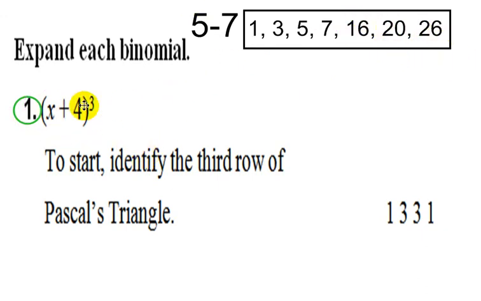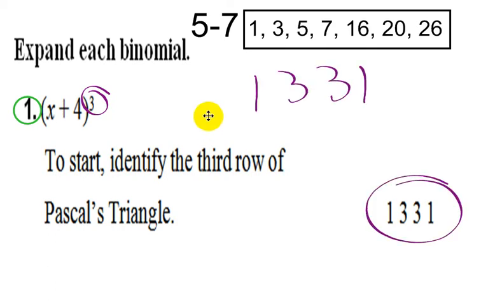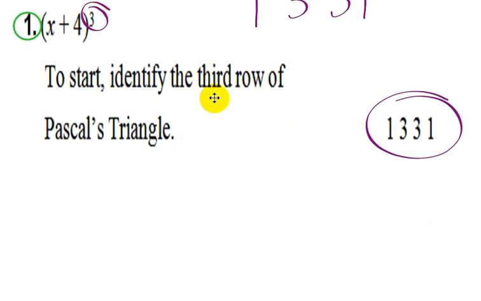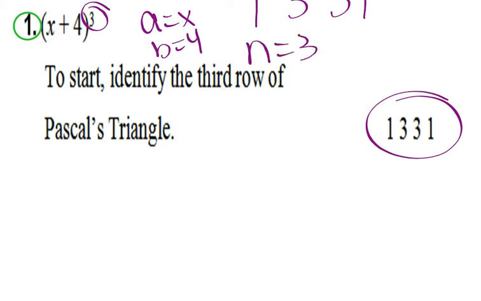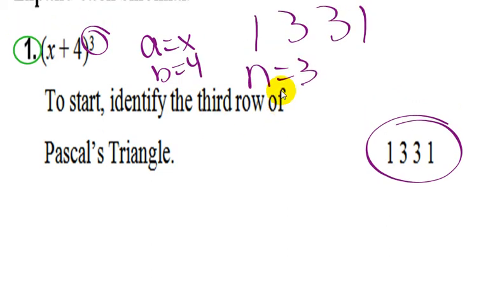Expand the binomial, and they give us x plus 4 to the 3rd power. So we're going to go to the 3rd row of Pascal's triangle, and we've got 1, 3, 3, 1. So we know our a is equal to x, and our b is equal to 4. Okay, and n is equal to 3. We're going to the 3rd power. So 1, 3, 3, 1.